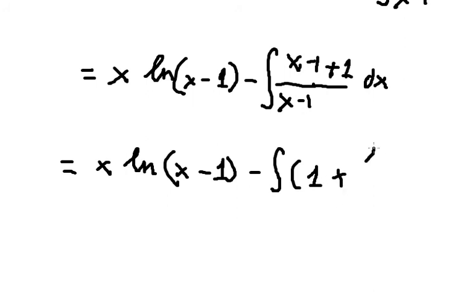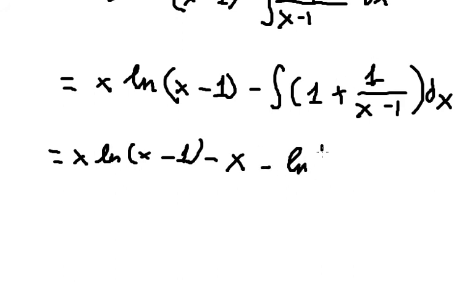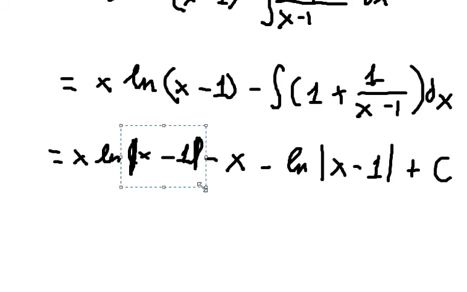And we have positive number 1 over s minus 1. The integration of number 1 we have s. The integration of this one we have negative ln of the absolute value of s minus 1 in here. And now we can put the absolute value in here. And this is the answer for this integration.